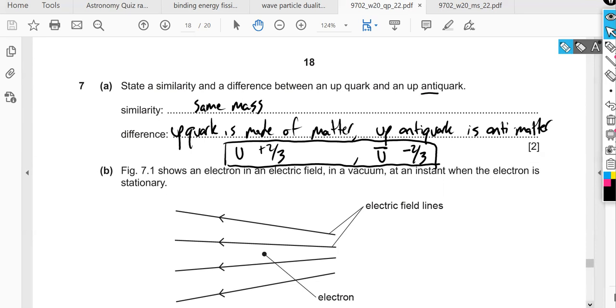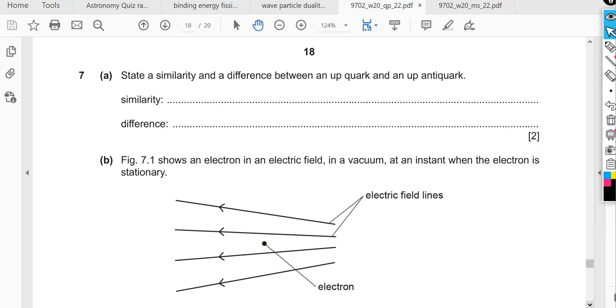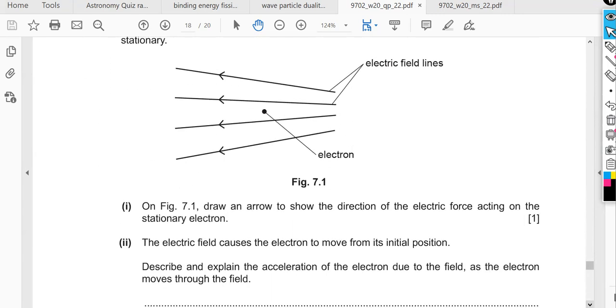We see that in part B here, it reads, figure 7.1 shows an electron in an electric field in a vacuum at an instant when the electron is stationary. On figure 7.1, draw an arrow to show the direction of the electric force acting on the stationary electron.